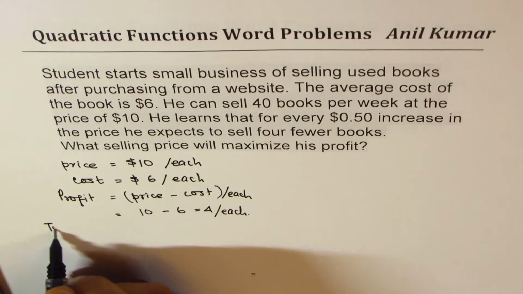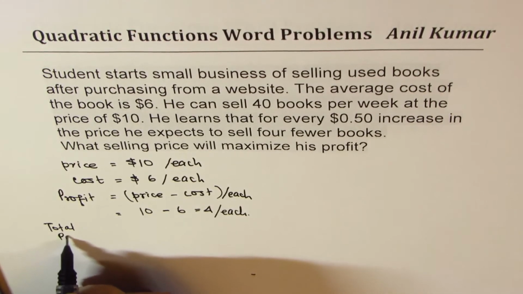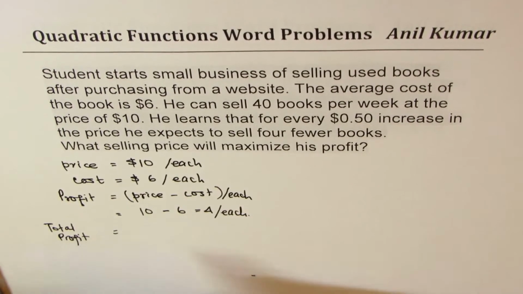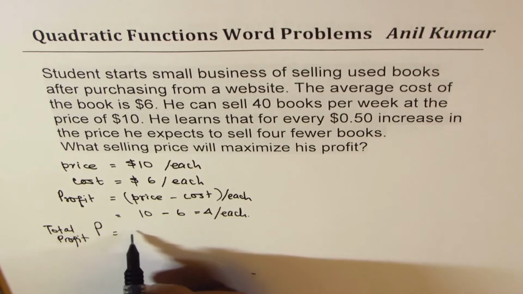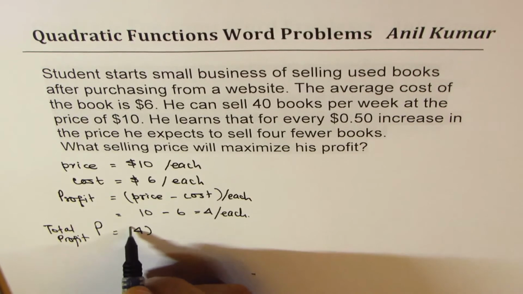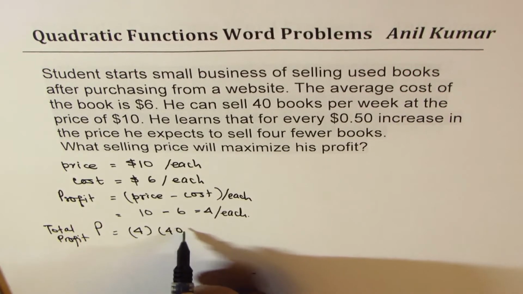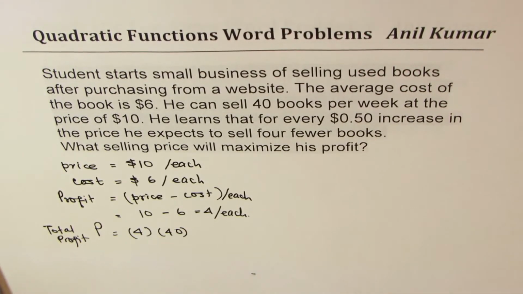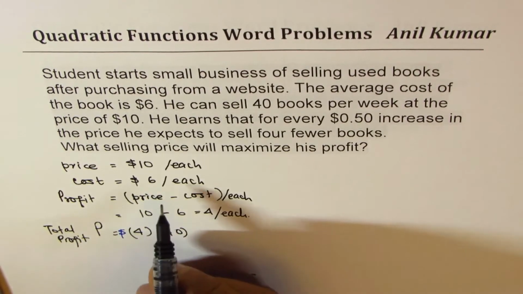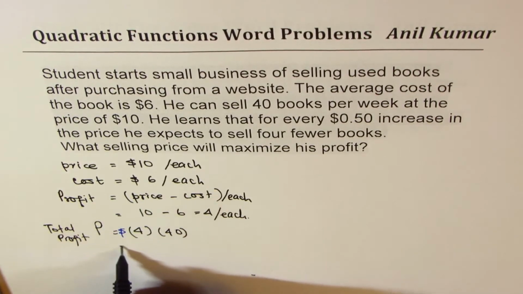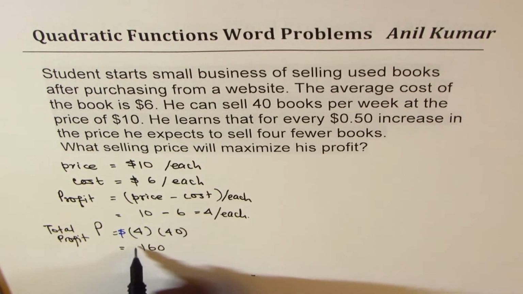So total profit will be how much? Let's say total profit P will be 4 times the number of books sold, 40, correct? And all this is in dollars, correct? So if the book is being sold for $10, total profit is $160.